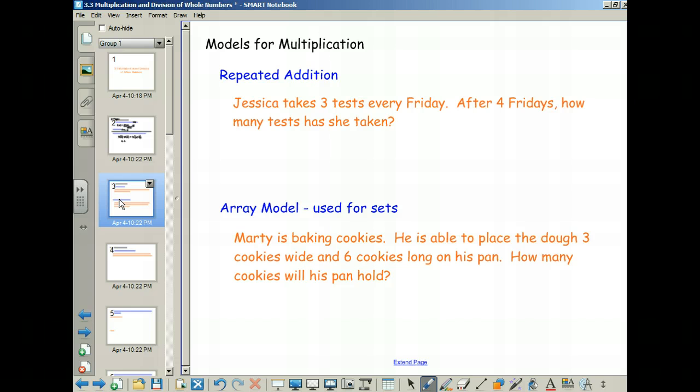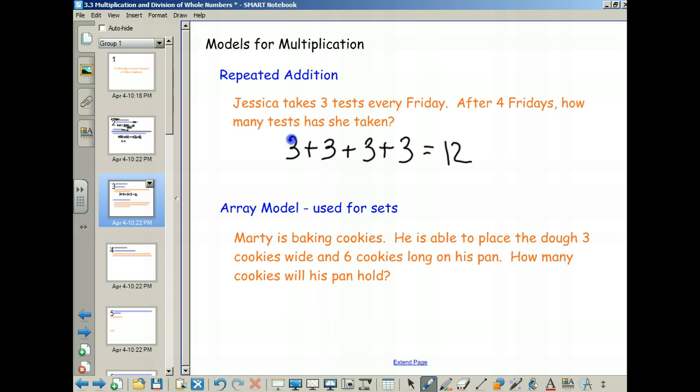After 4 Fridays, how many tests has she taken? From an entry-level point of view on multiplication, she took 3 tests on the first Friday, 3 on the second, 3 on the third, and 3 on the fourth, for a grand total of 12 tests. So this is multiplication represented as repeated addition.